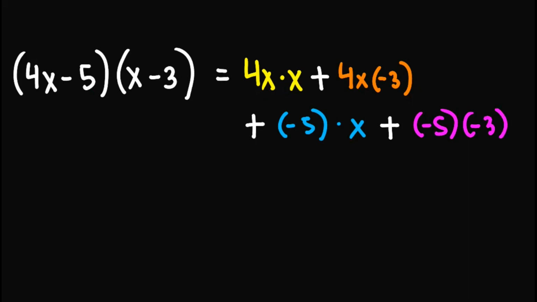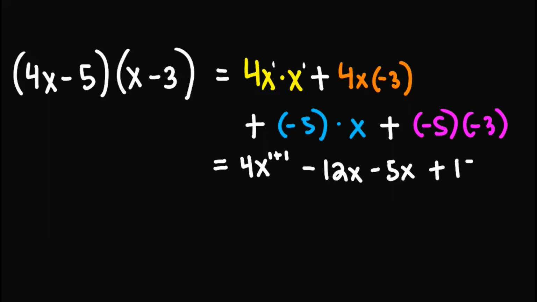Simplifying, we obtain 4x raised to, we can treat this as exponents of 1, so that is 1 plus 1, minus, since 4 times negative 3 is negative 12, 12x, and the inner is negative 5x, and the last term is plus 15.